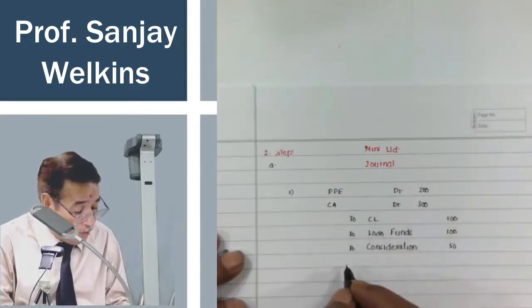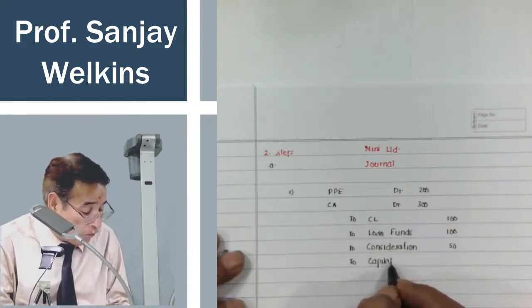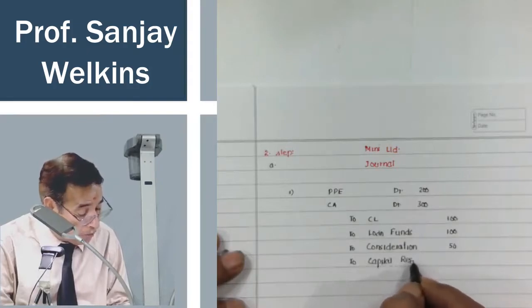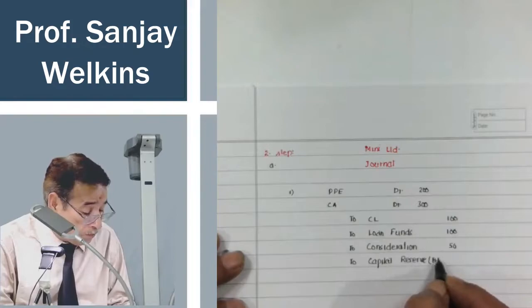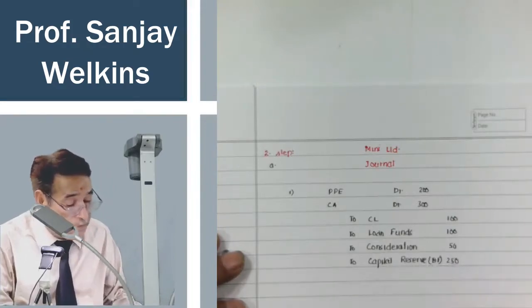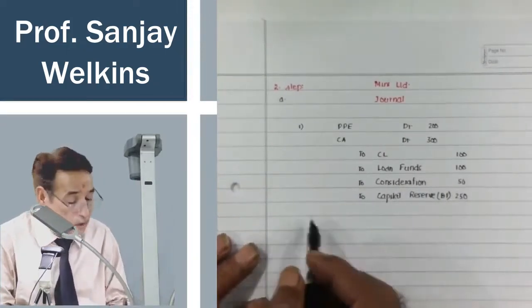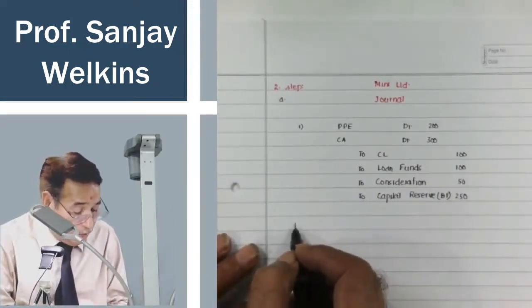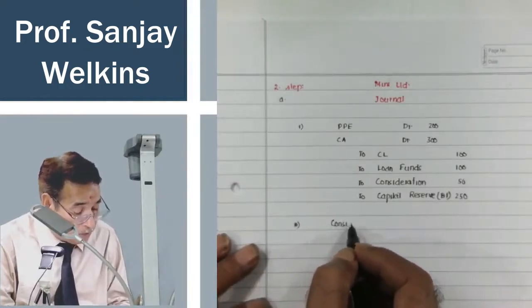So 500 minus 250 is your profit actually, but I'm writing here capital reserve. That means I'm transferring the profit to capital reserve straight away. Balancing figure. That will be 250. Now, consideration they are going to pay, isn't it? So the second entry will be regarding that. Consideration account debit.